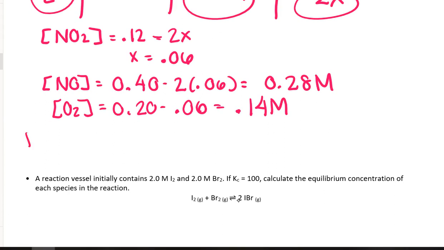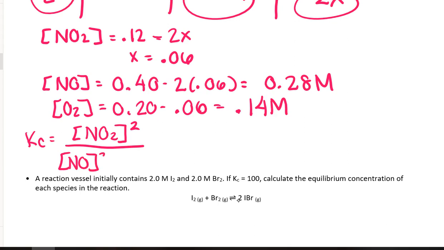Alright, so we need to solve for Kc. So first step is to write our equilibrium expression. Concentration of products over reactants, each raised to the power equal to their coefficient.